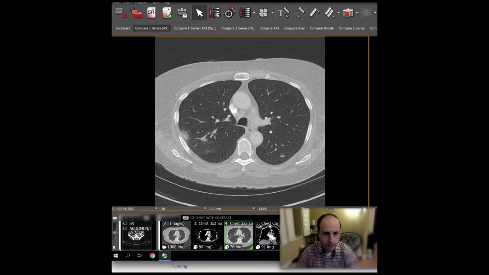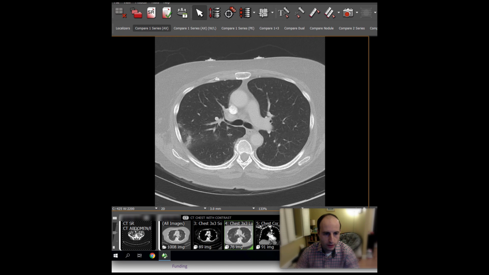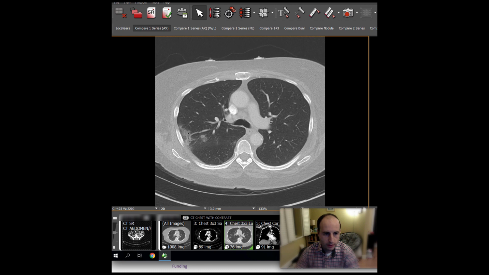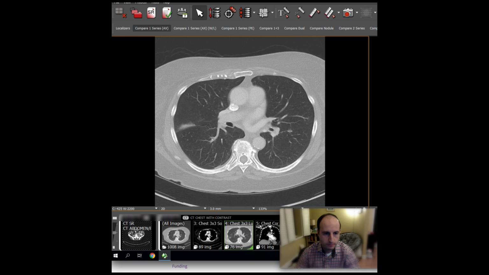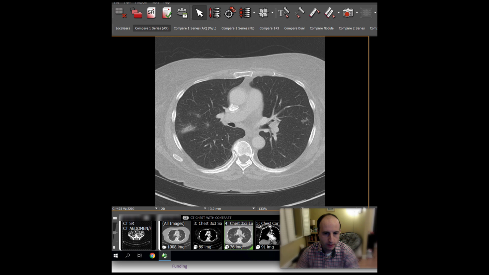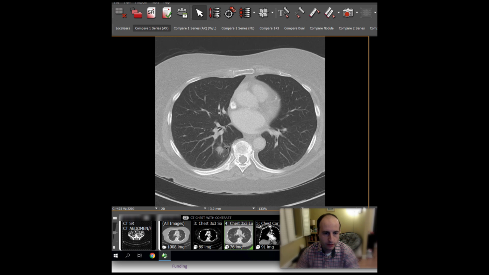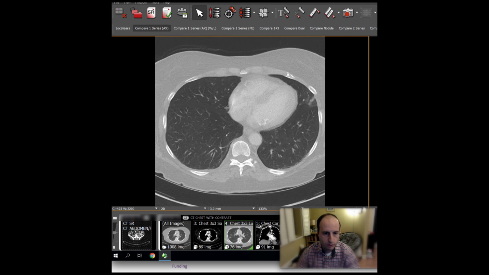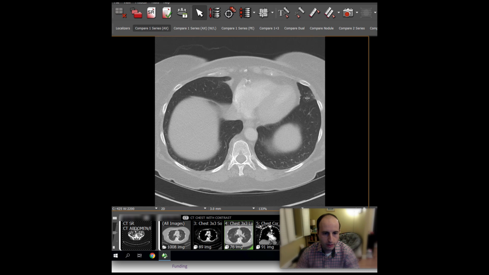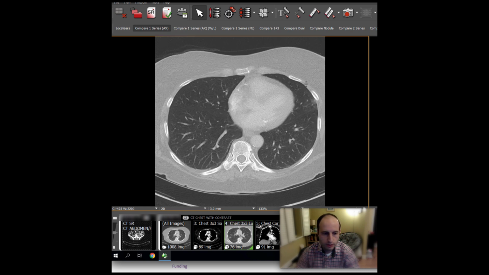Here you have some patchy ground glass opacities within the right upper lobe, including a reverse halo sign here with central clearing and peripheral consolidation. Again, some more patchy opacities, a little bit in the left lung, but it is rather asymmetric early on in this patient's course.